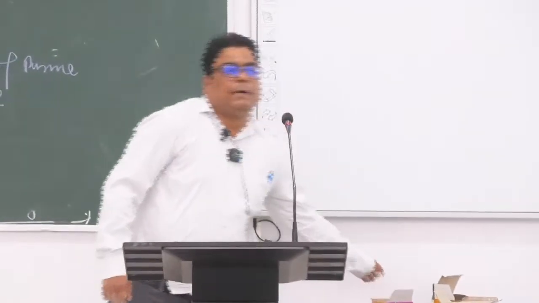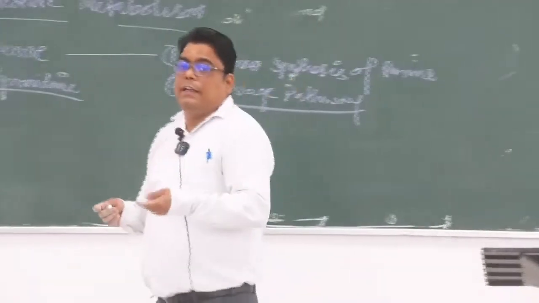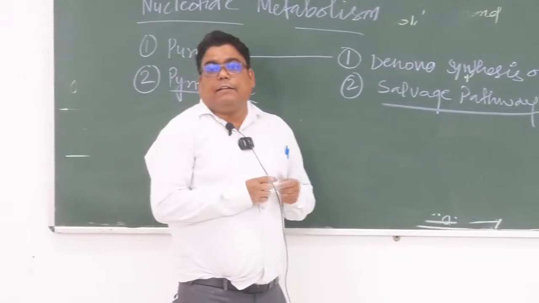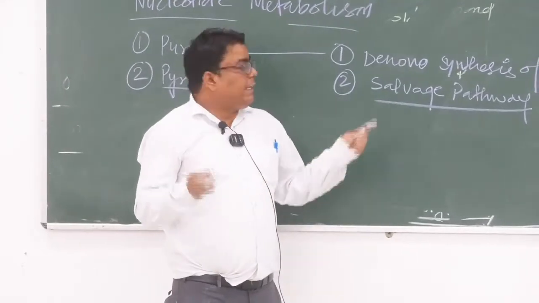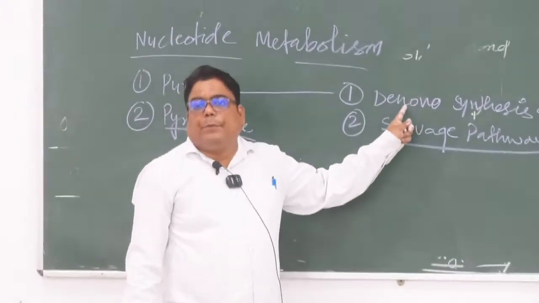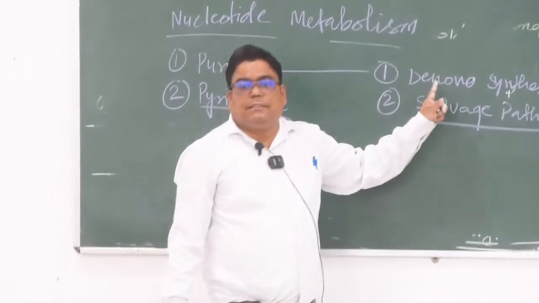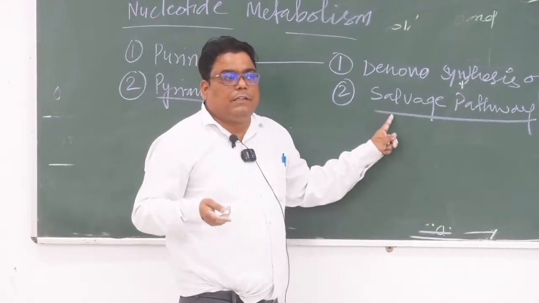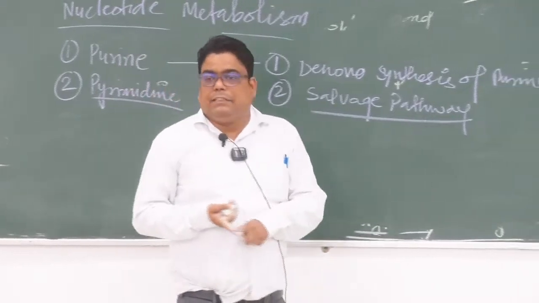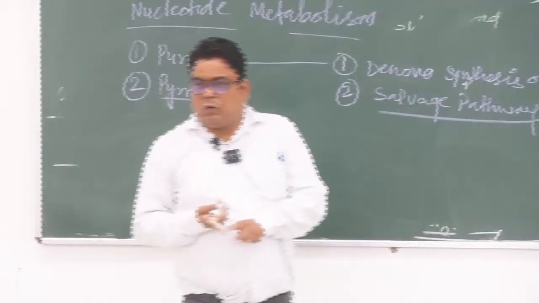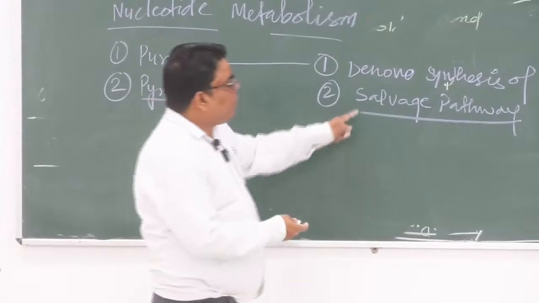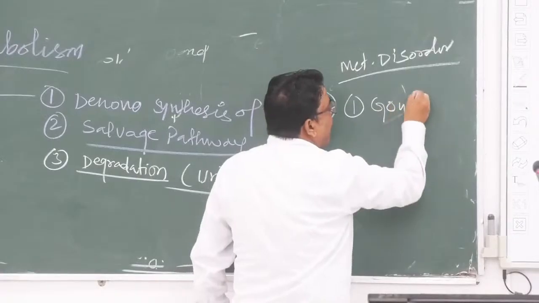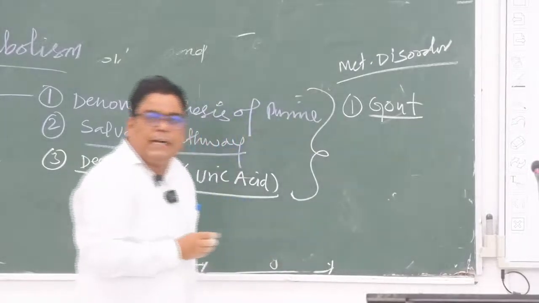I will tell you. Some tissues and organs of the body are not capable of synthesizing purines by de novo synthesis. Then they go for alternate sources. That is called the salvage pathway. These are the RBCs and our brain cells. All these perform the salvage pathway. After that, we already completed gout in detail.